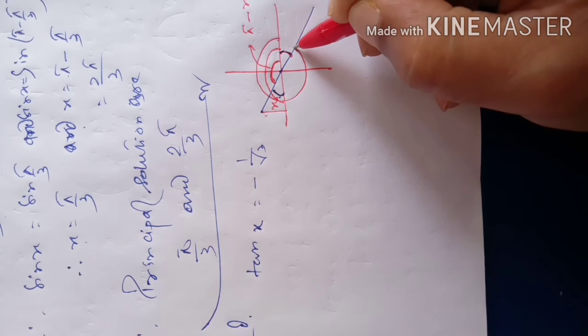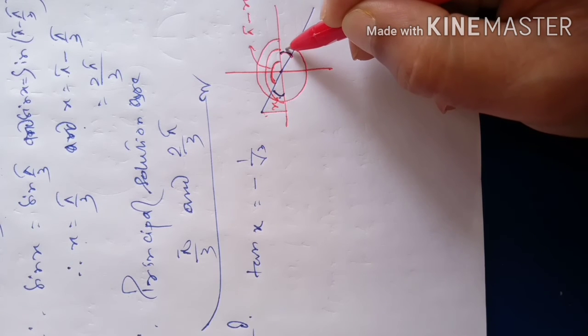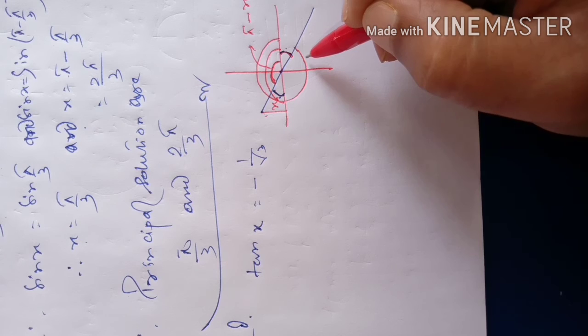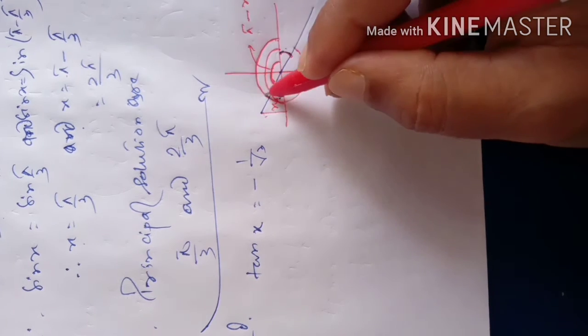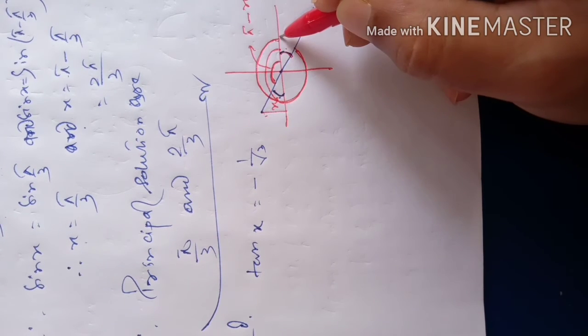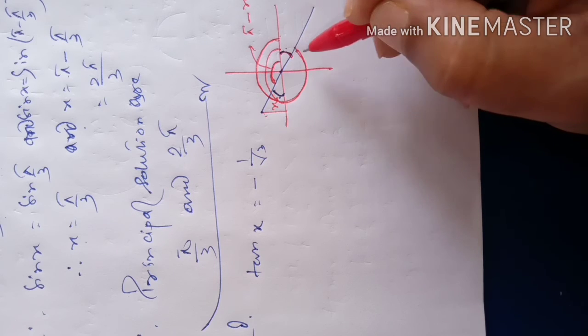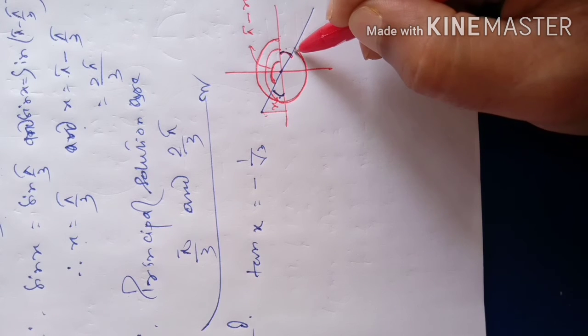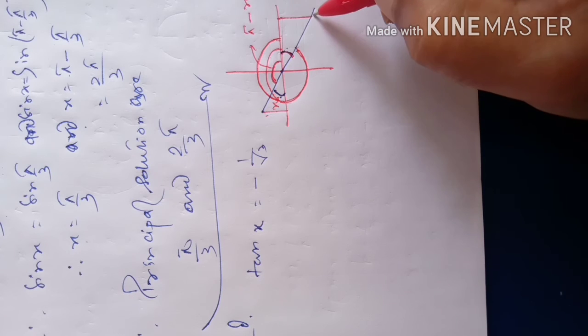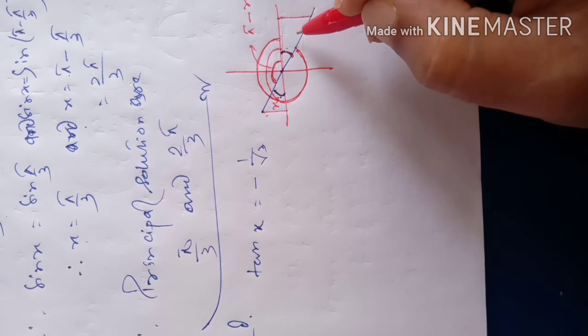If this value is x, then you can say this is twice pi minus x, because this whole thing is twice pi up to here, but it is x. So twice pi minus x is this angle. For this angle also tan will be negative, because cos is positive here and sine is negative, so the ratio between them will be negative only.